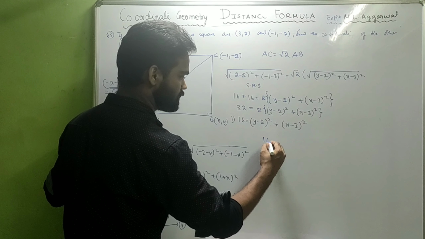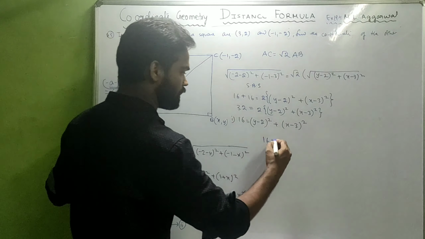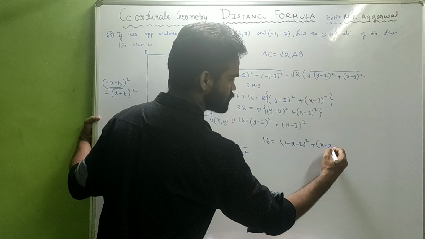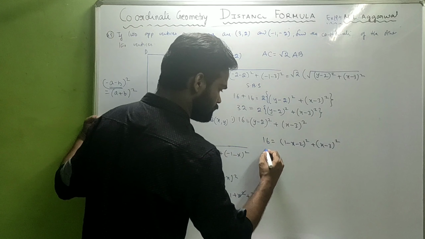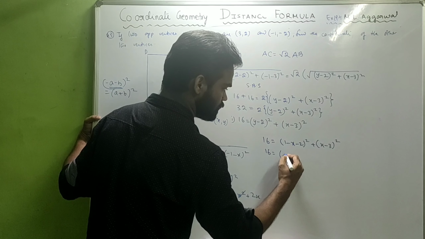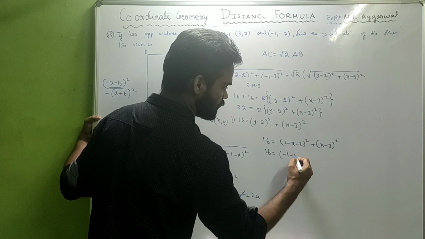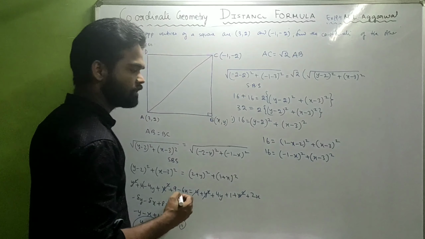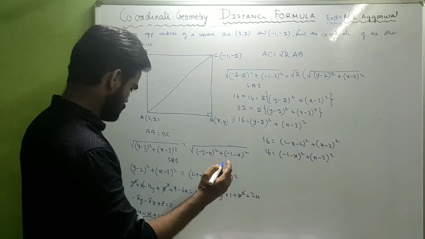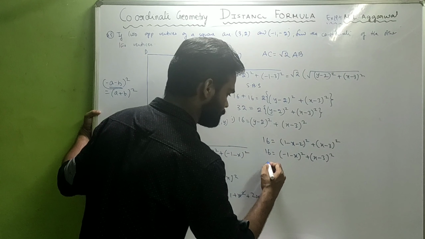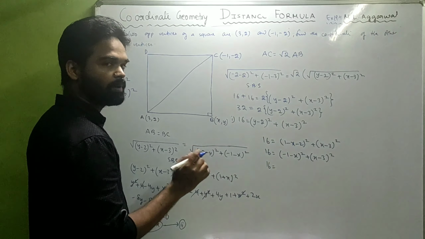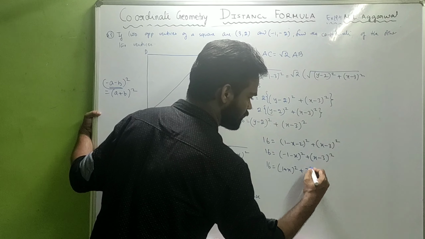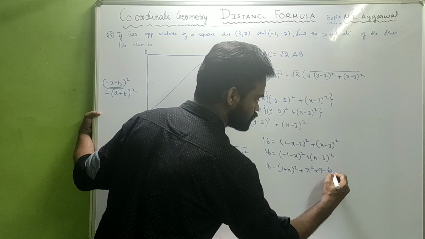So we'll get 16 equals, instead of y I can put (1 minus x minus 2) whole square plus (x minus 3) whole square. Now just see, this is (-1 minus x) whole square plus (x minus 3) whole square, isn't it? Yeah, 16. This is again (-1 minus x) whole square, which will be (1 plus x) whole square, and this you open the bracket, a square plus b square minus 2ab.